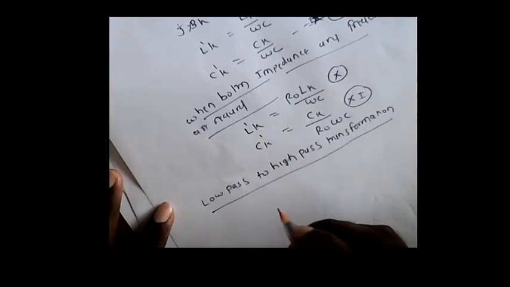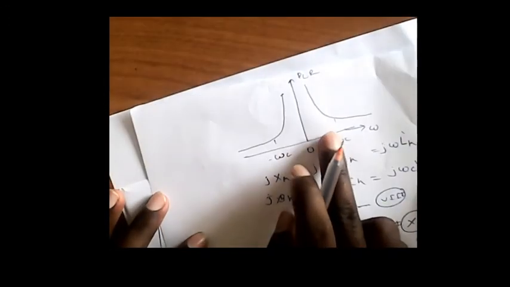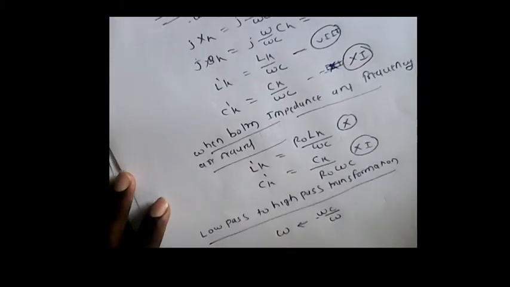In the low pass to high pass transformation, the frequency substitution is omega replaced by minus omega c divided by omega, which can convert the low pass response to the high pass response as shown in the figure. And the new series reactance and shunt susceptance of the prototype filters.